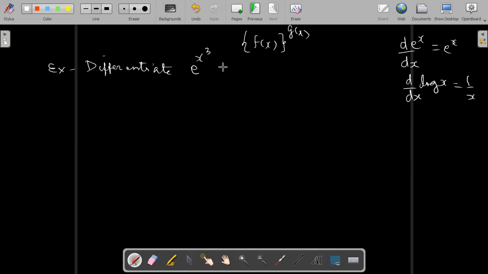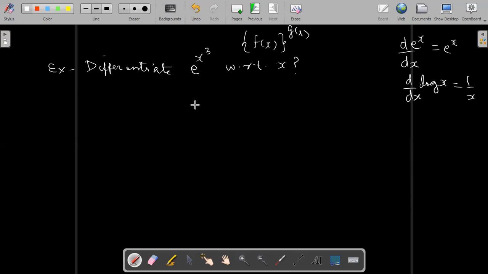See, somewhere we can differentiate by both ways. The chain rule can also be applied somewhere, but when it is function to the power function, it becomes very easy. Some complicated questions will become very easy when you take the log. So differentiate e to the power x cube with respect to x.